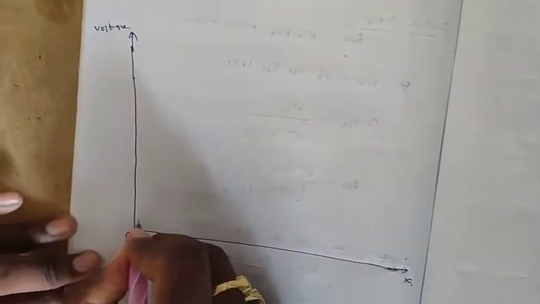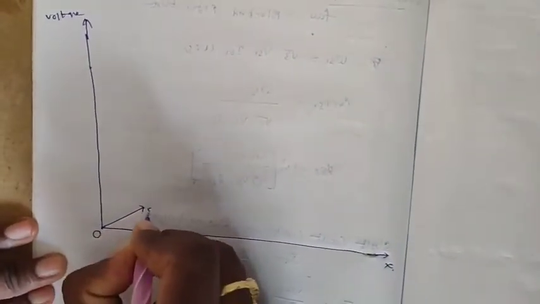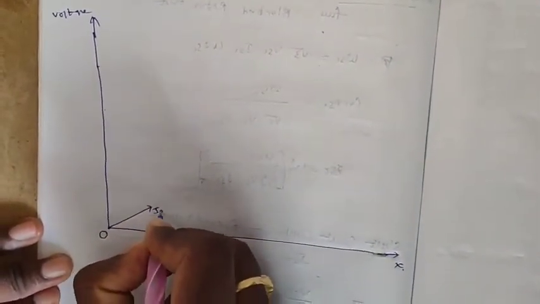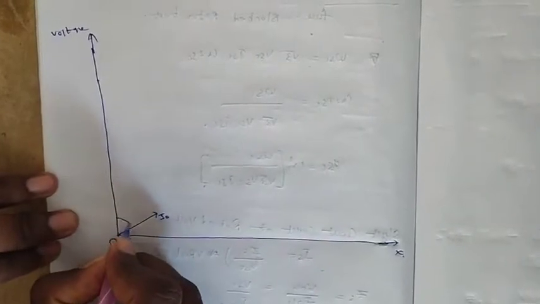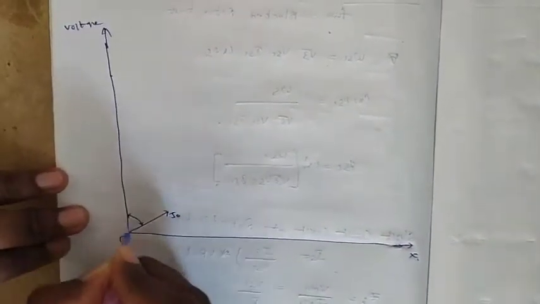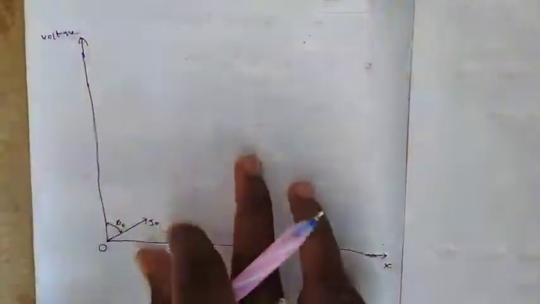So draw the no load current. This one is I0. Draw the no load current with the angle of phi 0. After that, draw the rated short circuit current.